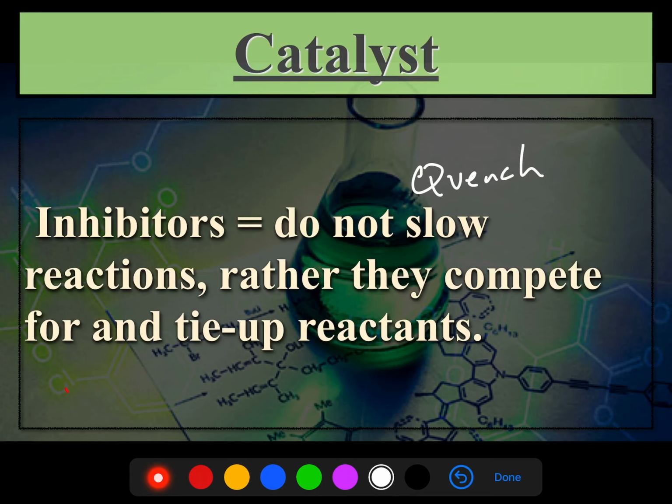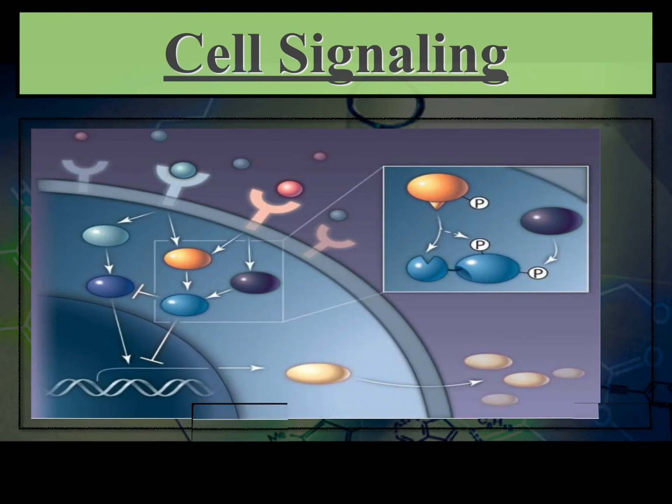We can add this. Usually it's something that changes the environment, and the environment is no longer conducive for the reaction to occur. That's one way of inhibiting. Another way is to actually become part of the reactant. And we'll talk about that in just a moment.